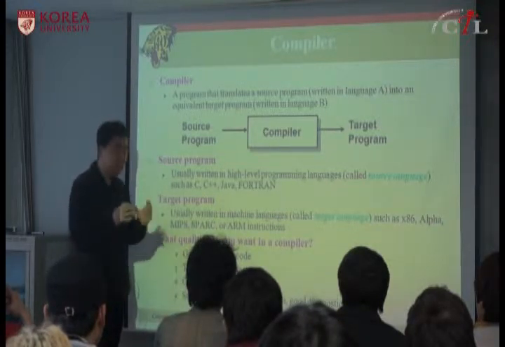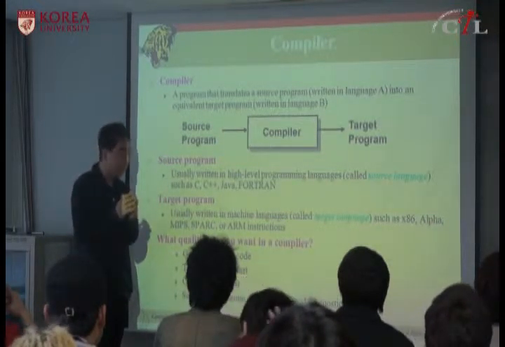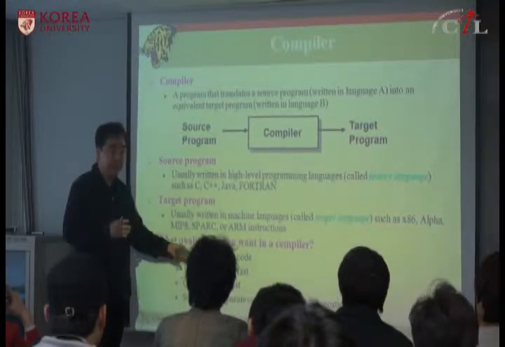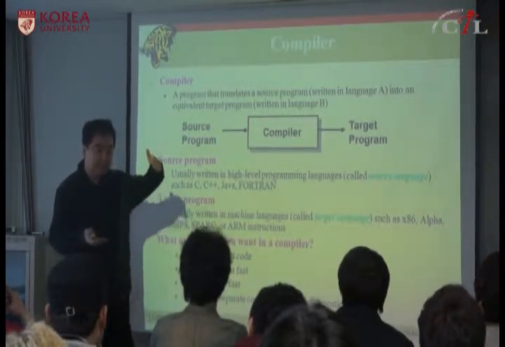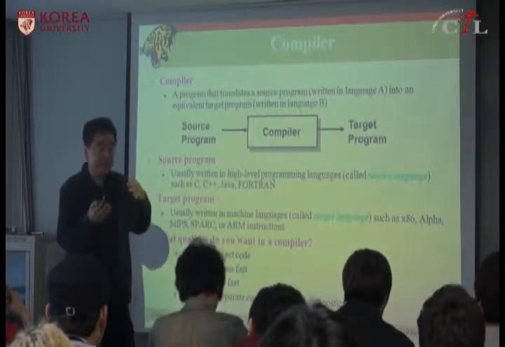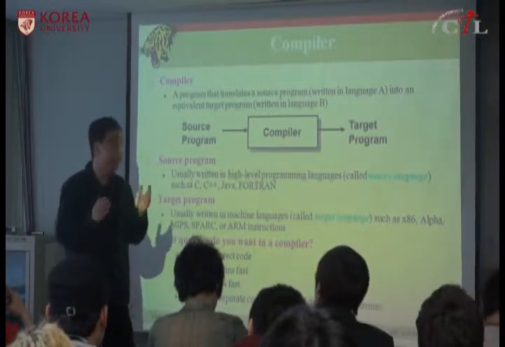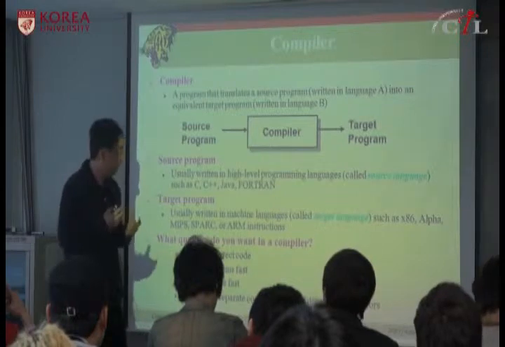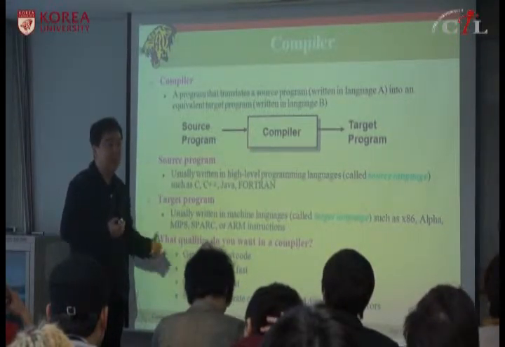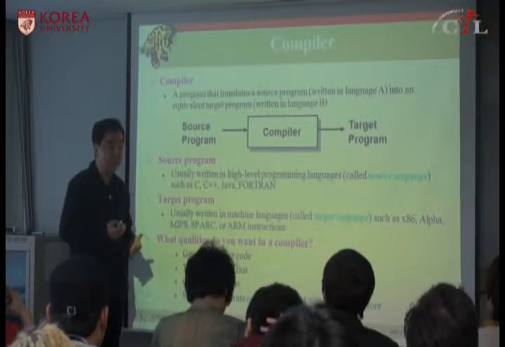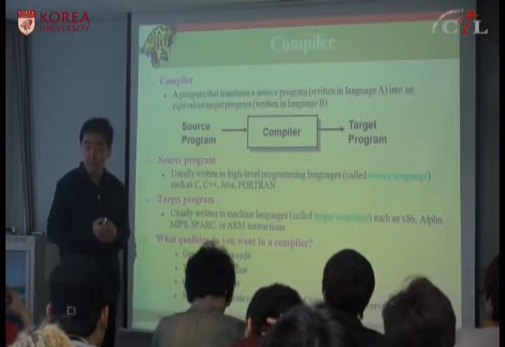Efficient code means the code should be as small as possible and it should run fast. But to do that, they need lots of optimization. They look at different instruction combinations and come up with the best solution. It takes lots of computation, and sometimes it takes more than a week just for compilation of a SPEC benchmark application.